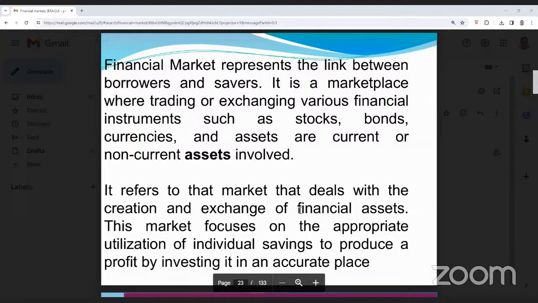We have stocks, bonds, currency, and a variety of assets, current or non-current, involved.